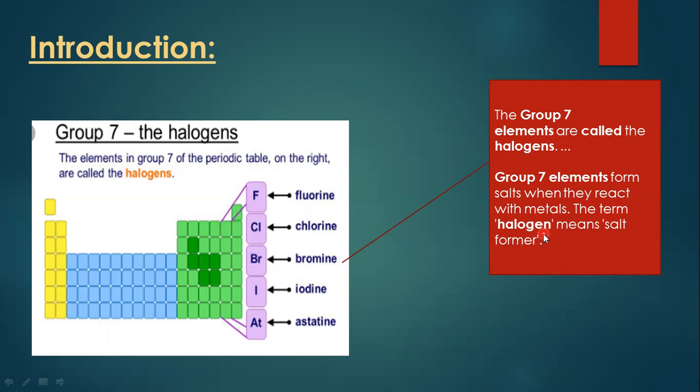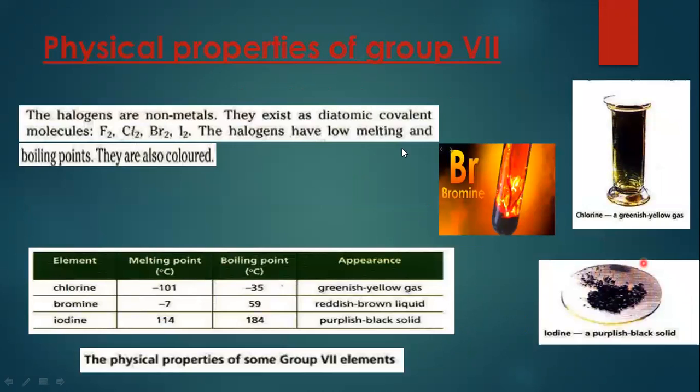Okay, so whenever we talk about the halogens, they are the elements that are present in group 7. Okay, and it includes fluorine, chlorine, bromine, iodine and astatine. So we are going to discuss about the physical properties and some chemical properties of the group 7 which are included in your syllabus. Okay, let's move towards their properties.